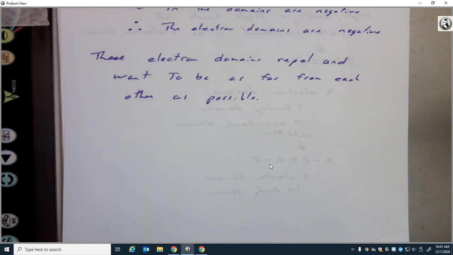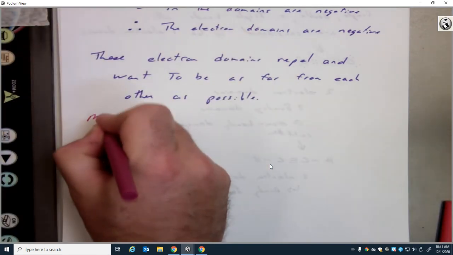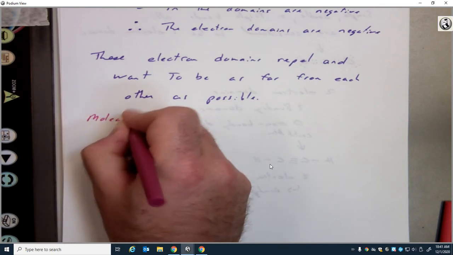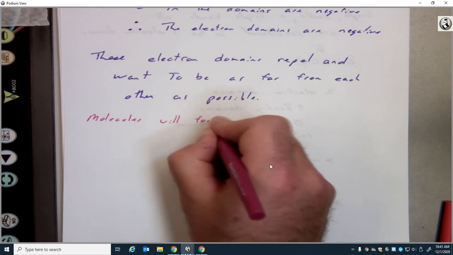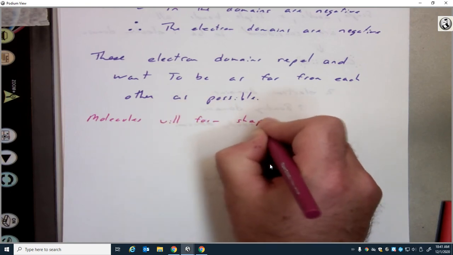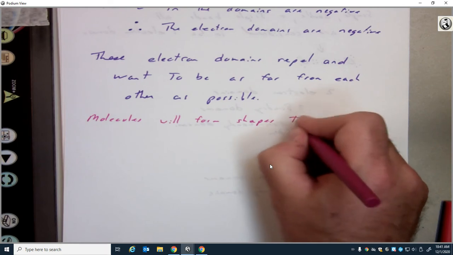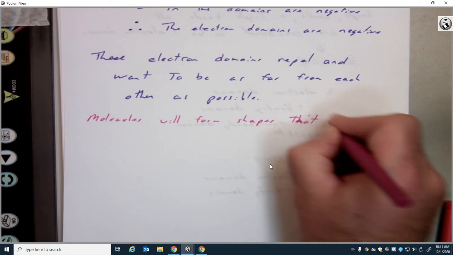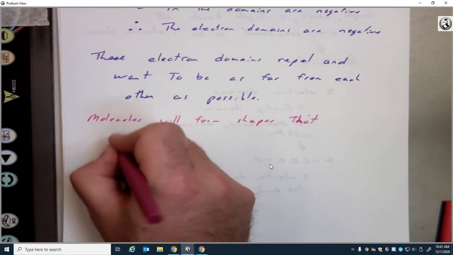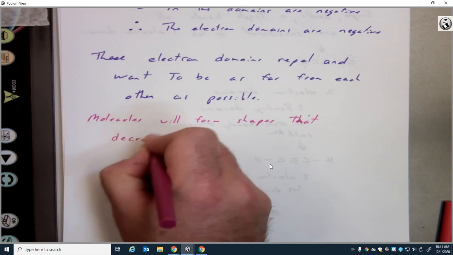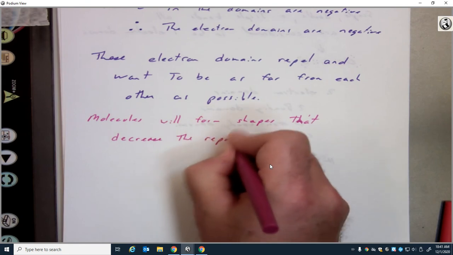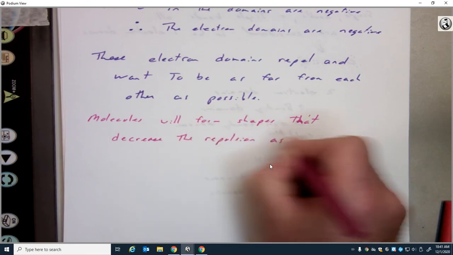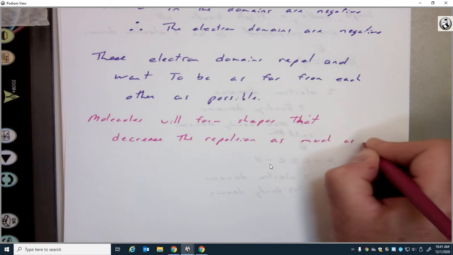So molecules will form shapes that decrease the repulsion as much as possible.